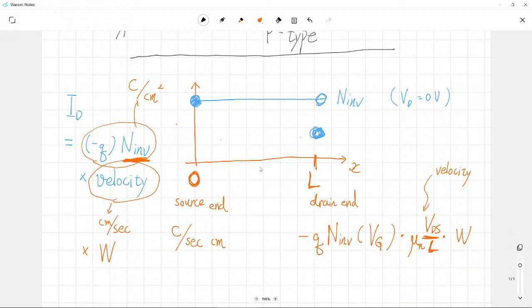I mean that at this part here we have 0 volt, and at this part we have Vd, and 0 volt is Vs. Since the electric field is uniformly distributed along the channel, the electric field is given by Vd minus Vs divided by the length scale L. Vd minus Vs is denoted as Vds in this case. So we will have this form.